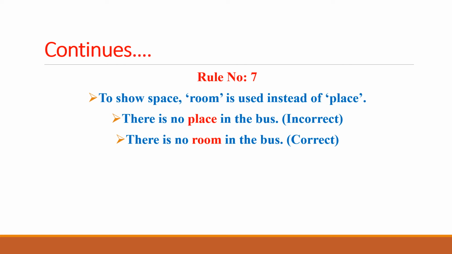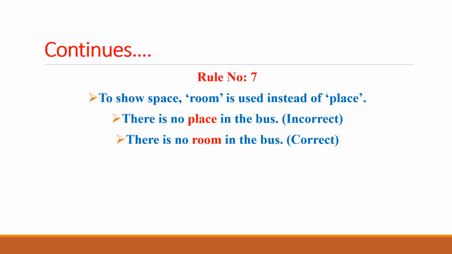If we want to show that some space is available in the room, in the class, on the bus, wheresoever it is, then for showing the availability of space, the expression used is room, not place. Place in this context is the wrong use. We need room to show the availability of space.